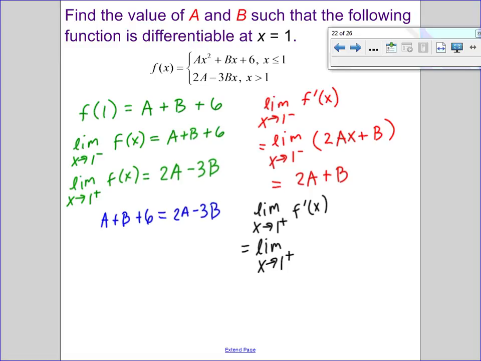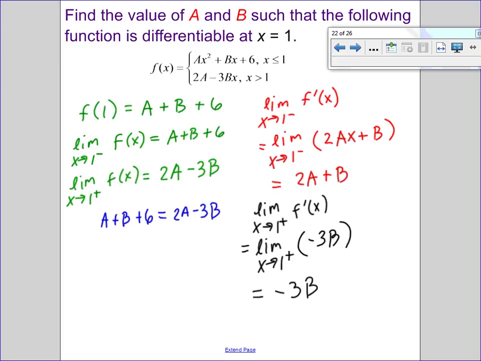It's negative 3b. 2a is a constant in x's eyes. When I differentiate with respect to x, the derivative of a constant is 0 minus 3b. B is my constant multiplier, so negative 3b. As x approaches 1, what does negative 3b approach? The limit of a constant is the constant. So I'm going to get negative 3b.